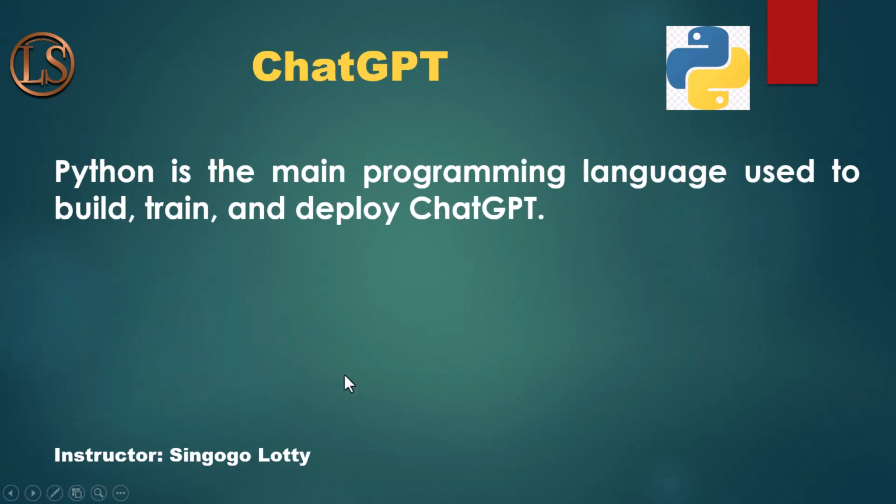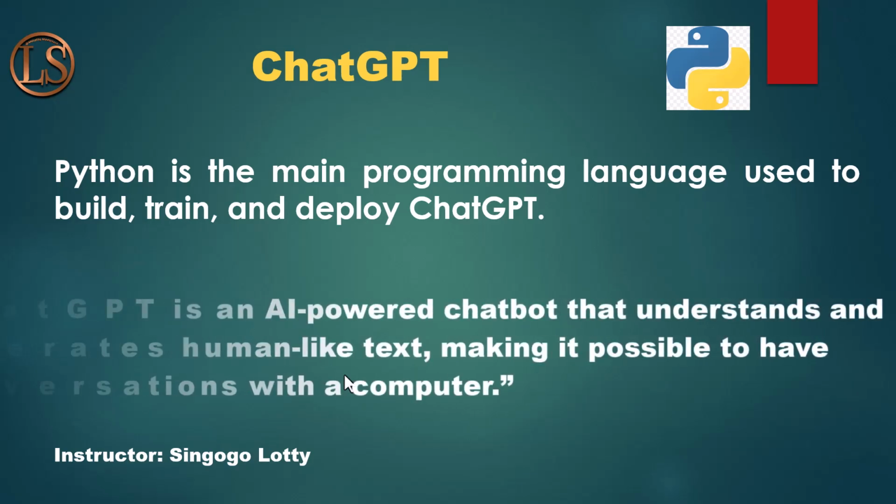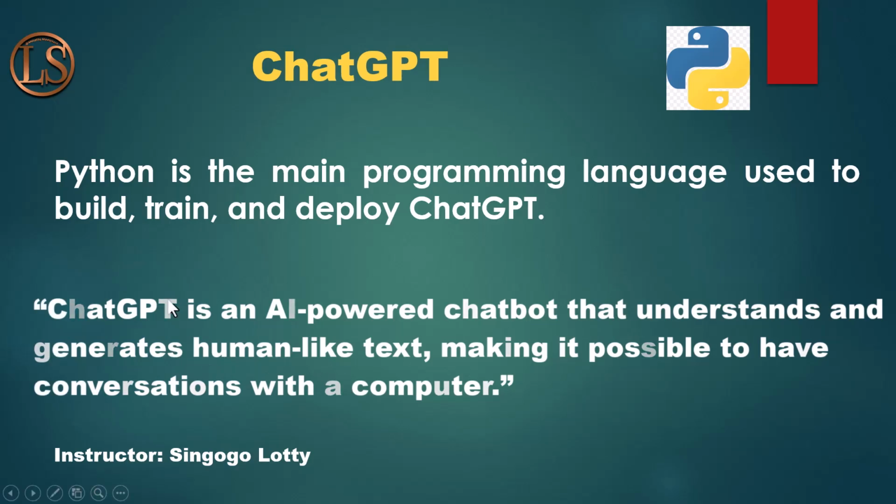Now, one of the things that will shock you is that we've all heard of ChatGPT. The main programming language that was used to build, train, and even deploy ChatGPT happens to be Python. For those who have heard of ChatGPT, those that are using ChatGPT, the main programming language behind it is Python.